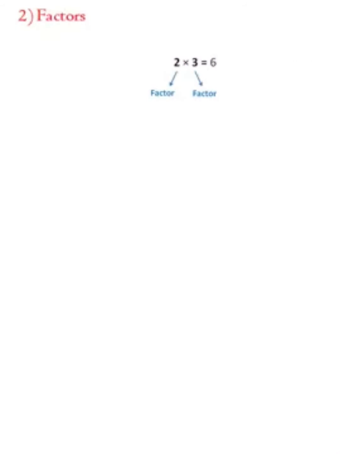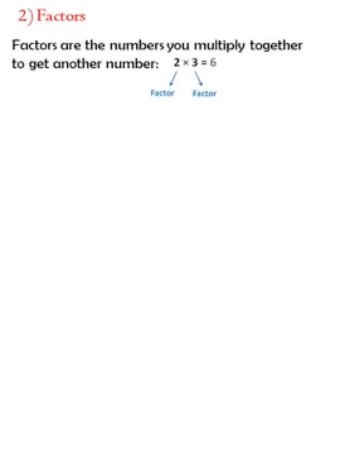Factors, Primary 6. You remember factors? If I want to know the factors of a number, I will ask myself, what by what gives me this number? Factors of 6.